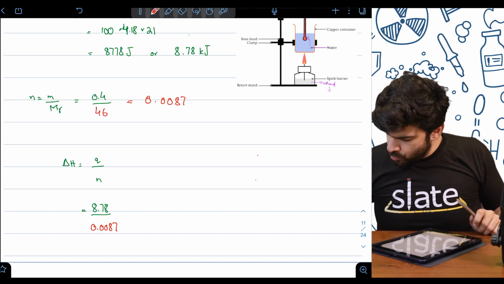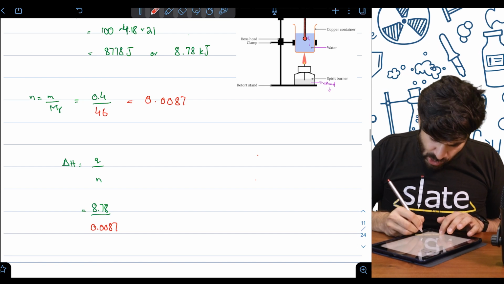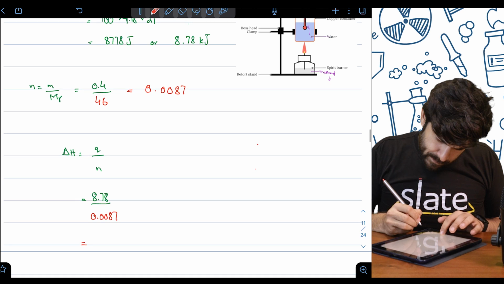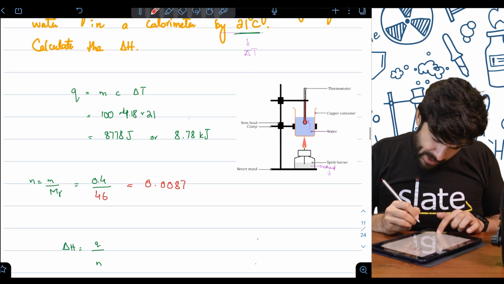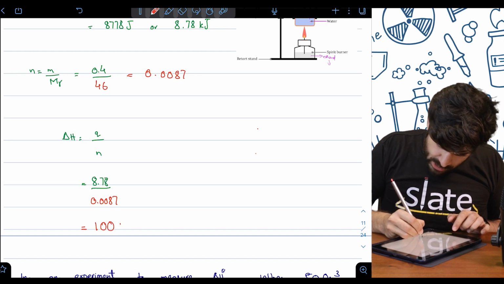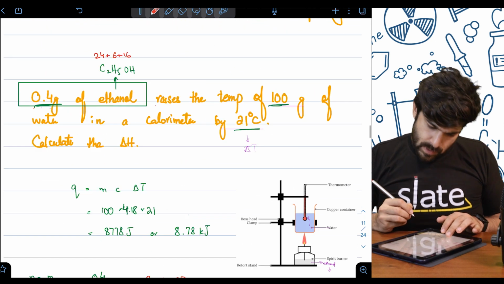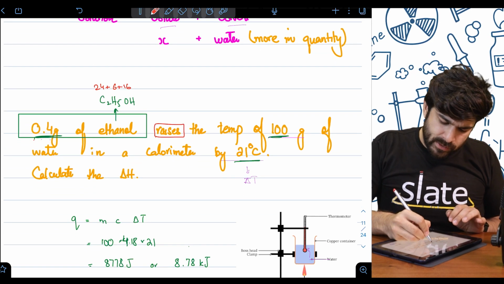Now we divide it with this value. 8.78 divided by 0.0087 gives 1009.1 kilojoules. And it raises the temperature of water.